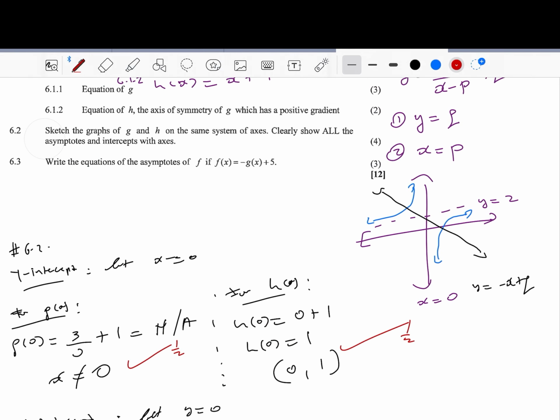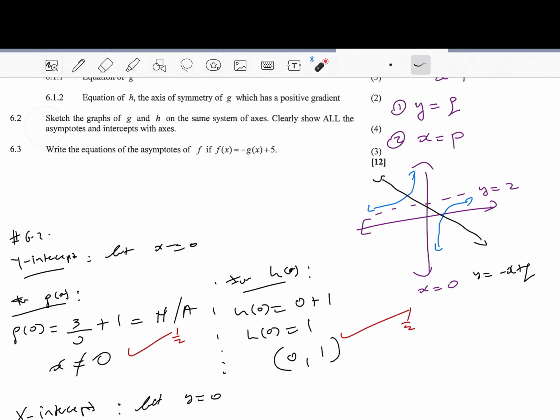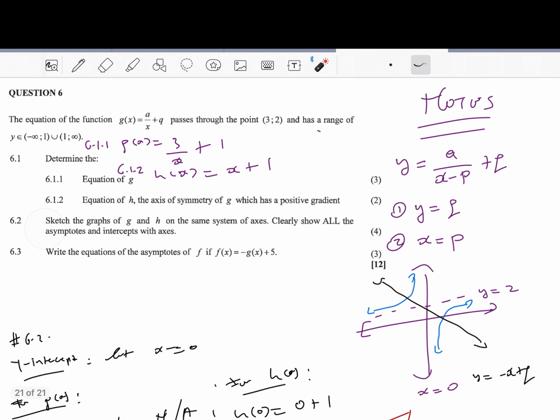And then that's your x-intercept, and now you need to get a mark for the asymptote. They say clearly show all the asymptotes and intercepts, right? Clearly show them all. So of course you also need to show them in your picture. So let's get the asymptotes.